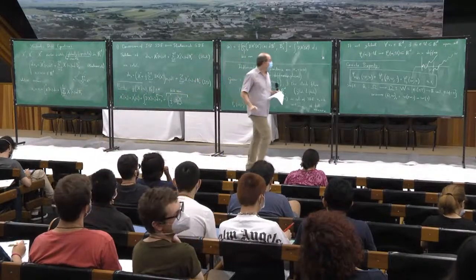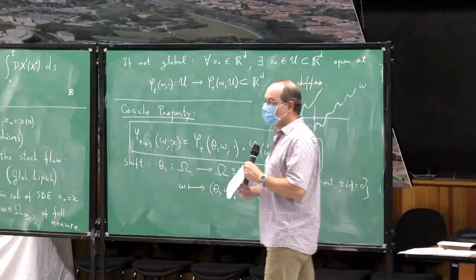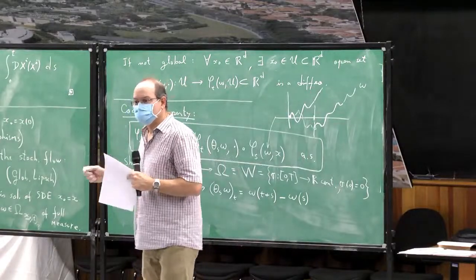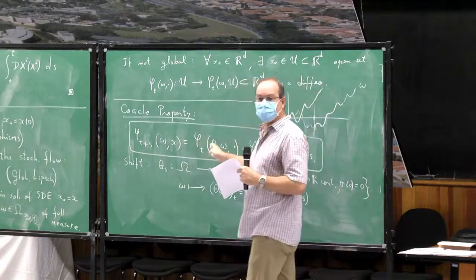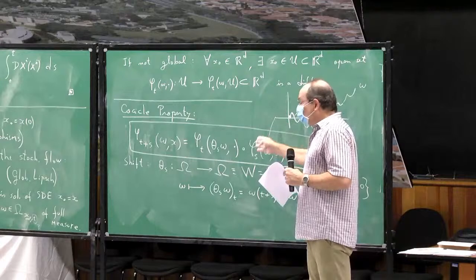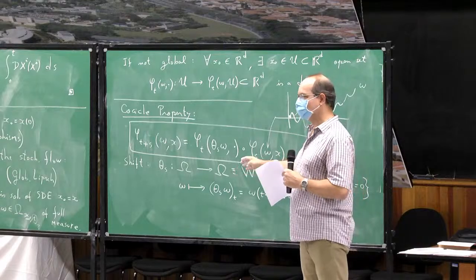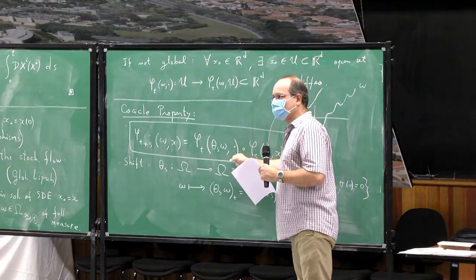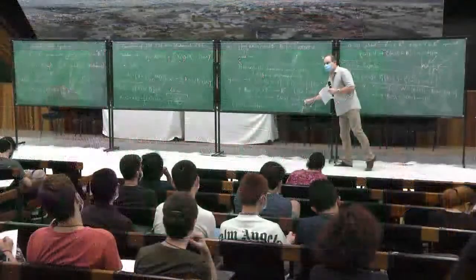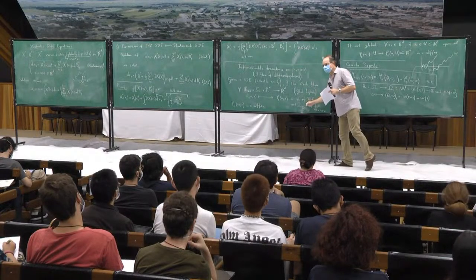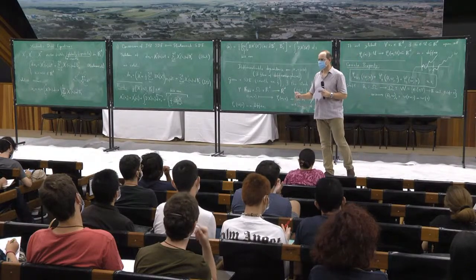In fact, there is an excellent reference on this, which is a paper by Michael Scheutzow and Ludwig Arnold, where they fix this problem of dependence. Mind that if we do it a countable number of times, there's absolutely no problem. But if we do an uncountable number of times of applying the cocycle property, the sets of measure zero where they don't work could be a set which is relevant.